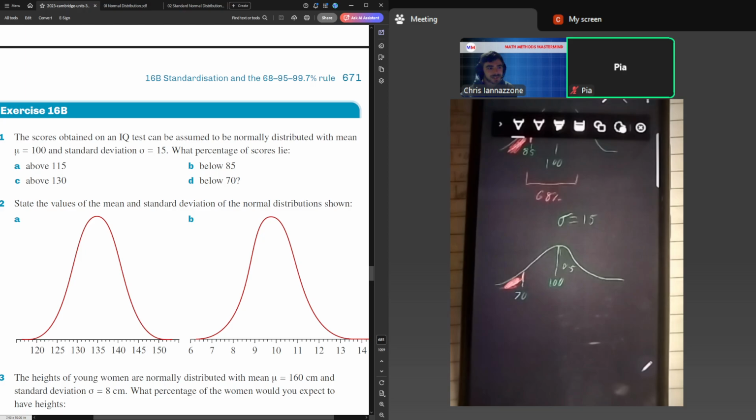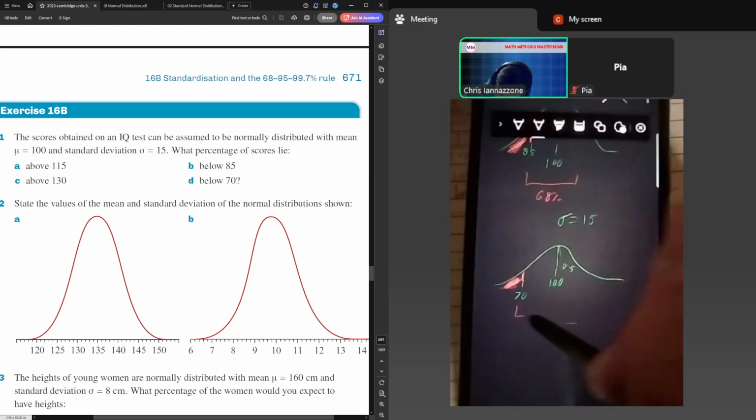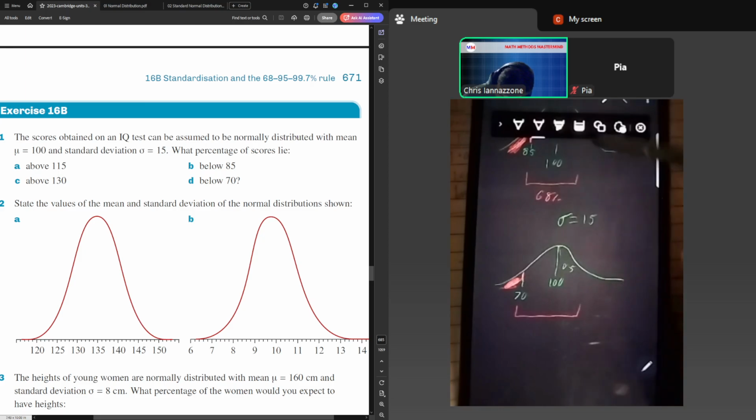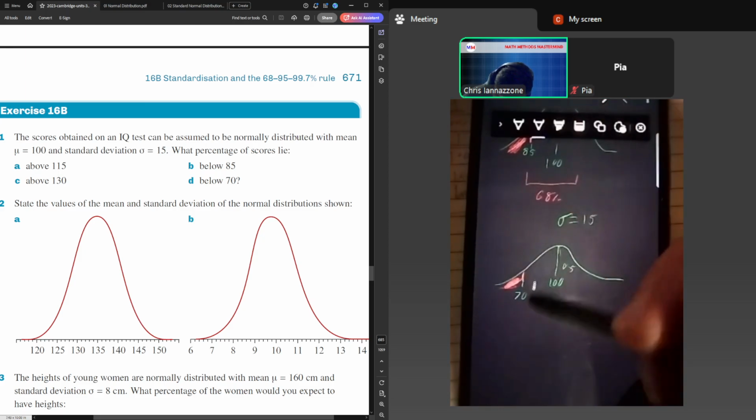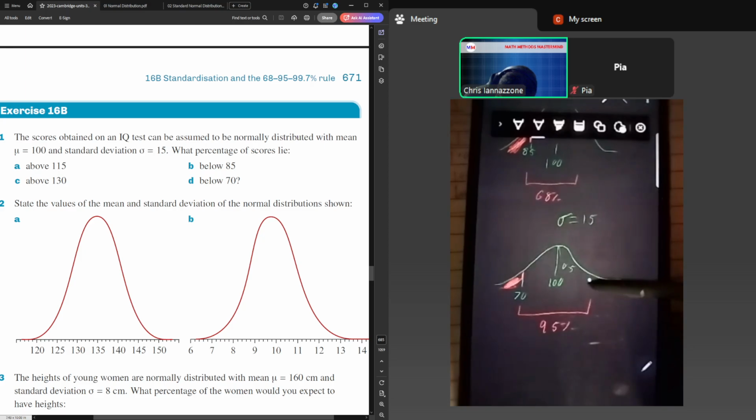Two. Yeah, 2 standard deviations. So we've now got to use a different approximation. Same idea, but you've got to use a different number for your approximation. Which one is that? 95%. Yeah, 95%. That's it. So 95% is going to be between plus minus 2 standard deviations.